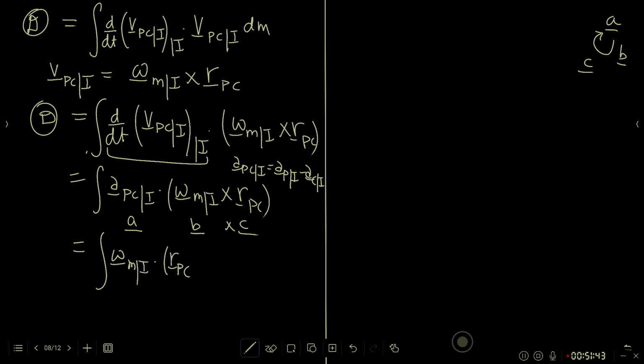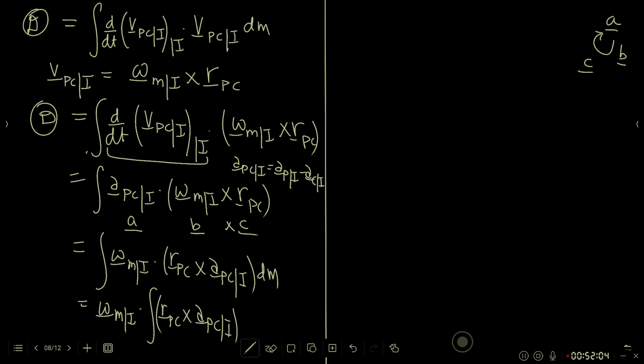Okay. RPC cross APCI. Now at this point, let me add this extra term here. This is 0 actually. So adding, subtracting, doesn't matter.